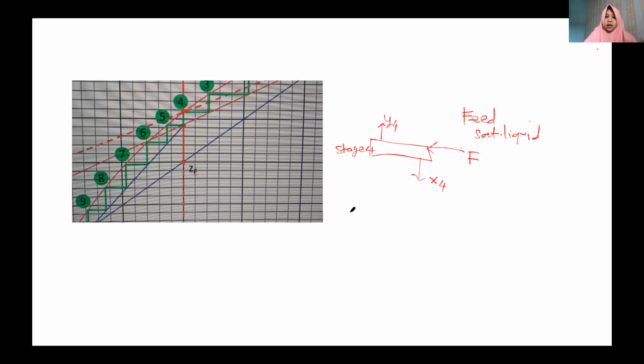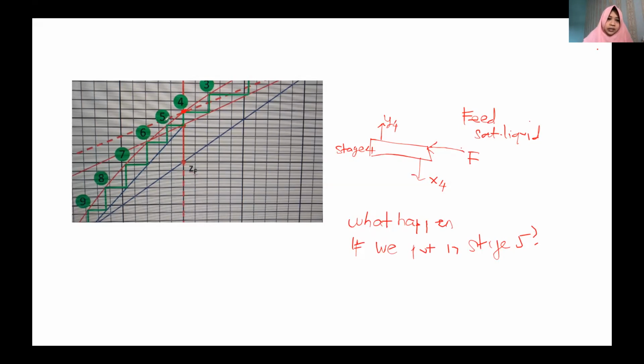Now what happened if we put the feed in stage 5?